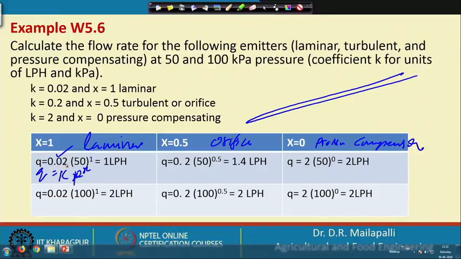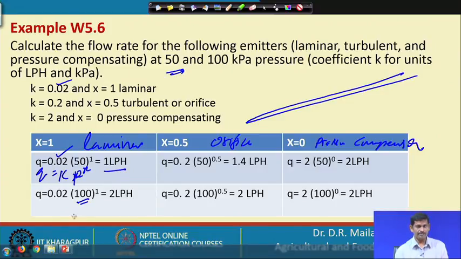So, Q is equal to 0.02, that is K, and 50 is the P value, and then 100 the other value. You get 1 LPH, and when pressure is doubled, 2 LPH. Similarly, in the orifice case, increasing the pressure from 50 to 100, the discharge is not doubled. So, in the orifice case the discharge increases, but not proportionally as in the laminar case, whereas in the pressure compensating case the discharge will not vary even if you increase the pressure from 50 to 100. The discharge is the same.